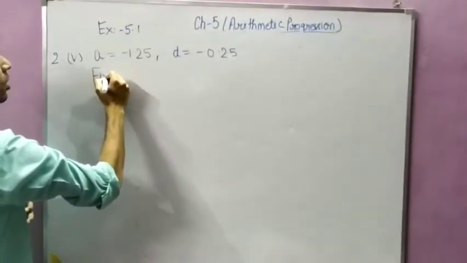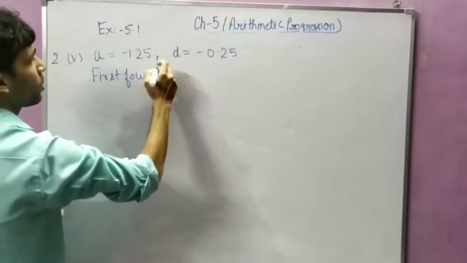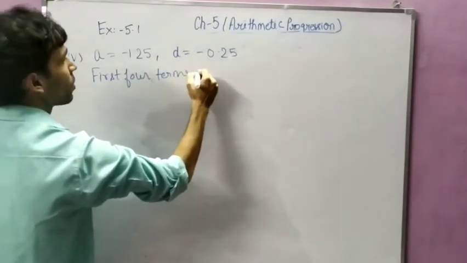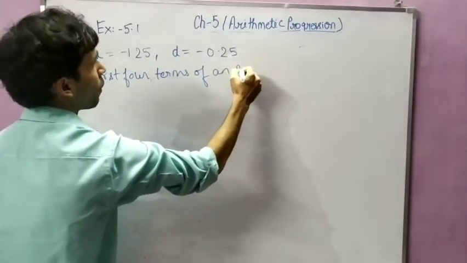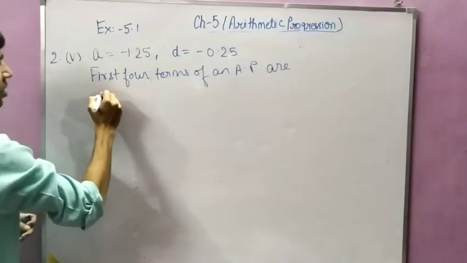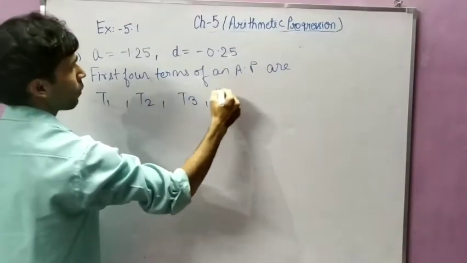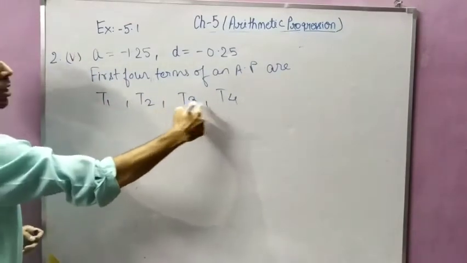So in that case also, the first four terms of the AP are T1, T2, T3, T4: the first term, second term, third term, fourth term.